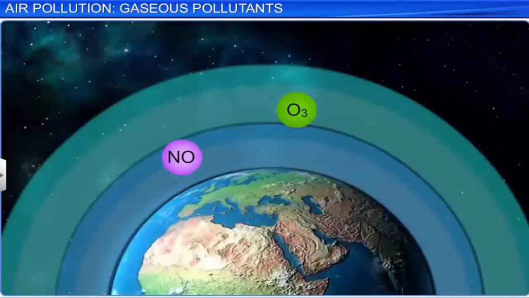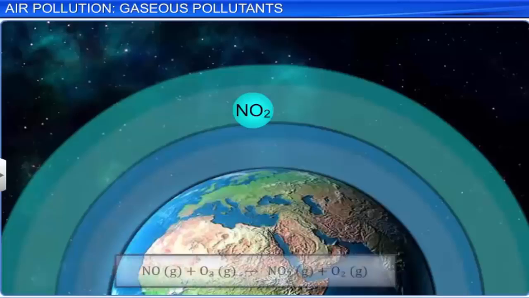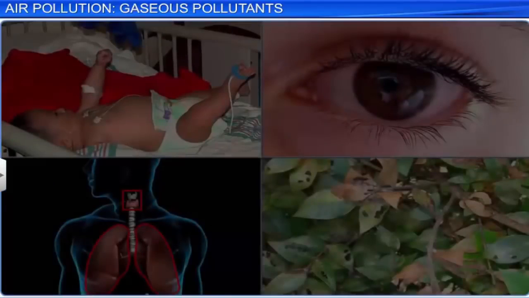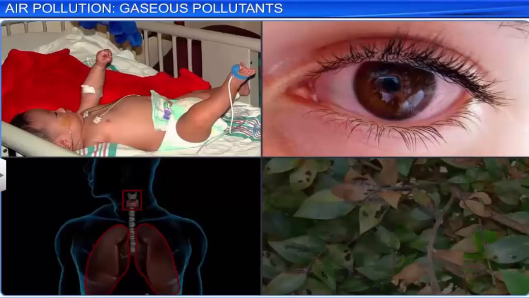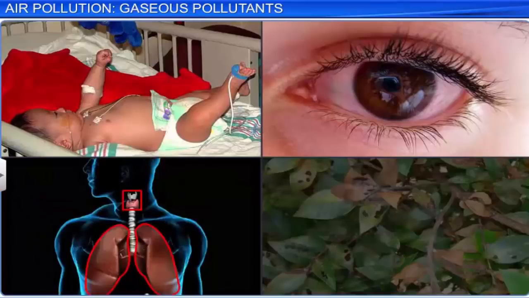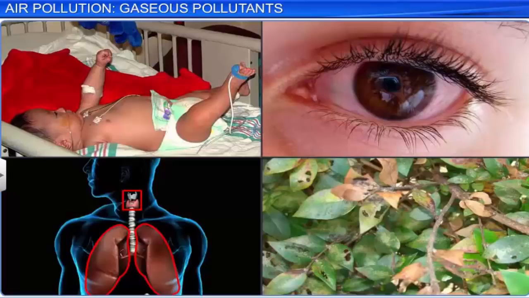Nitric oxide also reacts with the ozone in the Earth's atmosphere to form nitrogen dioxide. Nitrogen dioxide can cause respiratory diseases in children, irritate the eyes, lungs, and throat, and damage the leaves of plants, affecting their photosynthesis.